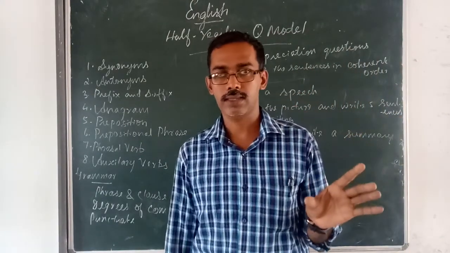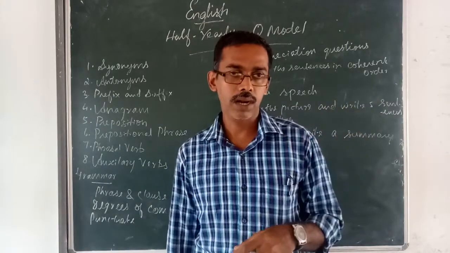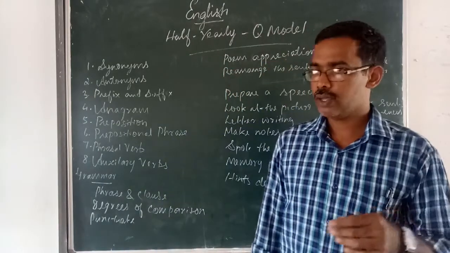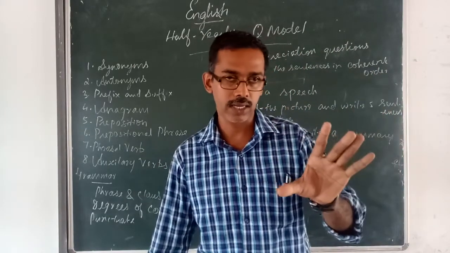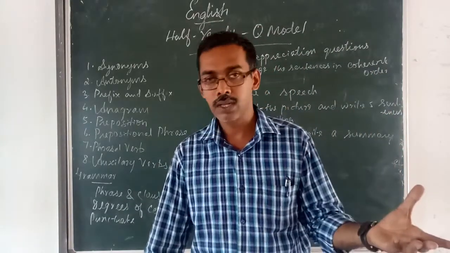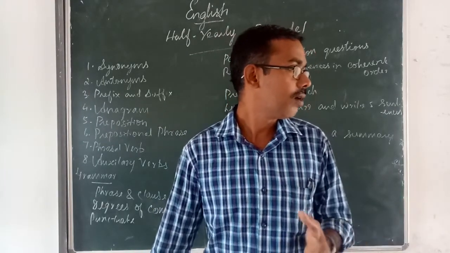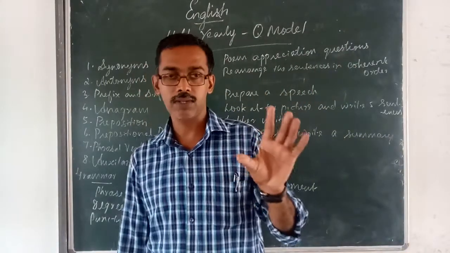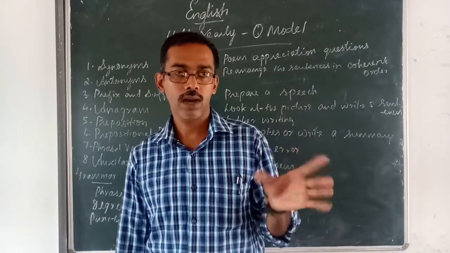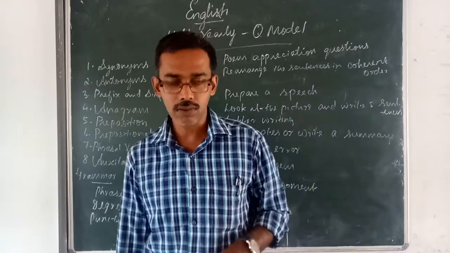For example, if it is a scenery, write 5 sentences about the scenery. If it is a festival, write how they celebrate it, which festival you see in the picture, and everything.